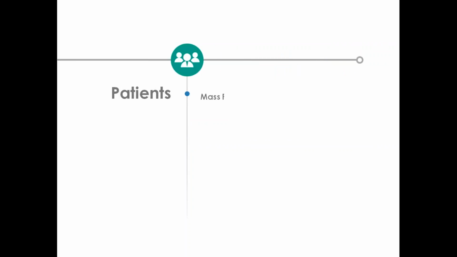What about patients? What is it from patients that we can learn and apply data to? How about mass personalization principles, where we're trying to identify care patterns that occur?